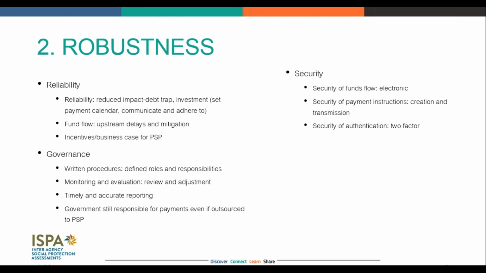We have evidence from a number of different countries of the challenges when payments are not made in a reliable fashion. In Indonesia, for example, delayed transfers reduced expenditure by beneficiaries by 7.5%.